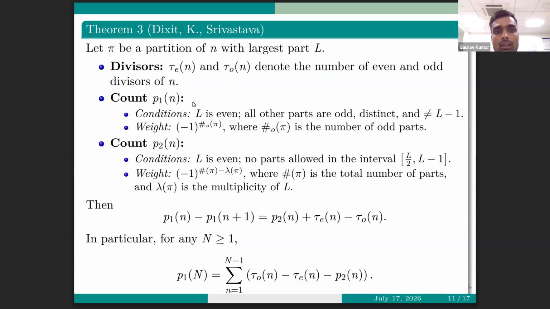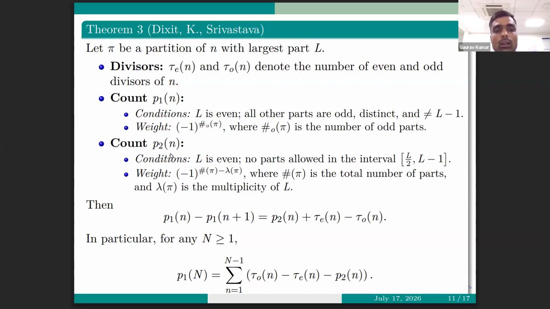P1 of n counts such partitions where the largest part L is even, all other parts are odd and distinct, and it does not contain L minus 1 as a part. And we attach minus 1 to the power hash sub o pi as the weight, where hash sub o pi is the number of odd parts.